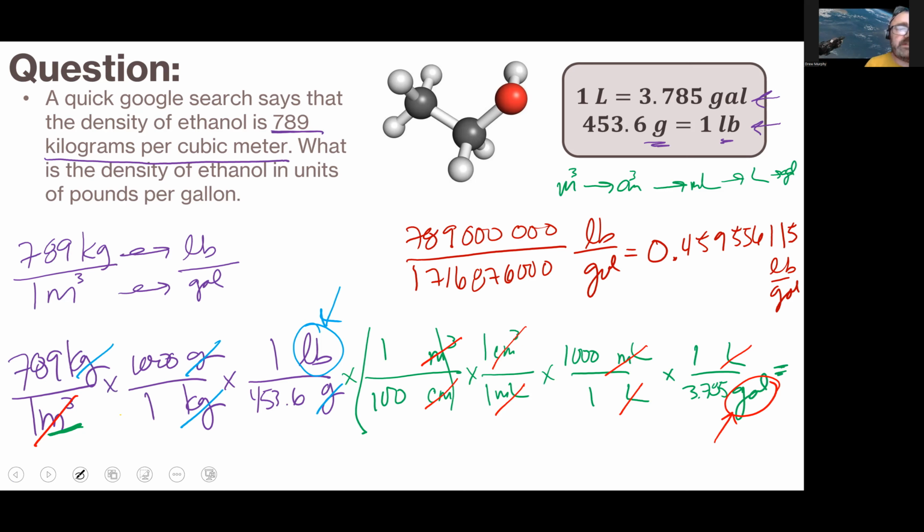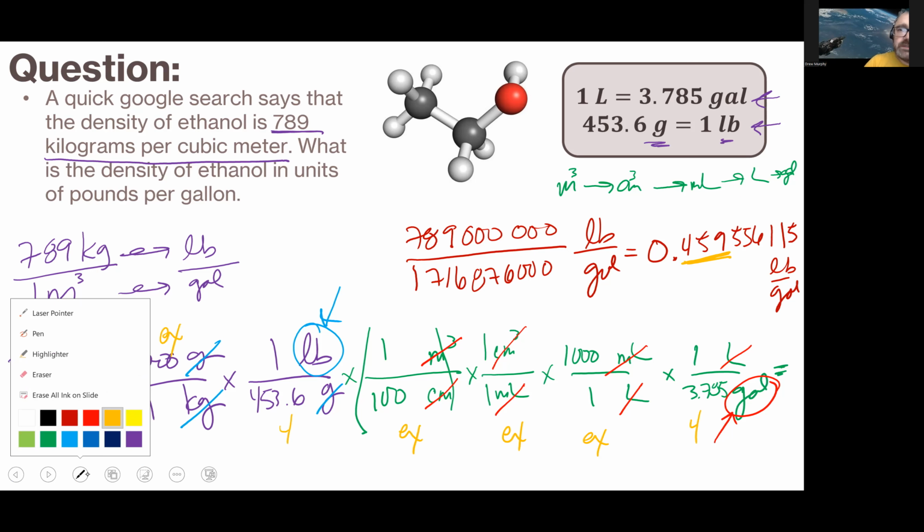So let's say this is 3, this is exact, this is 4, this is exact, that's exact, that's exact, and this is 4. So 4, 4, and 3. So this needs 3 significant figures. There's our 3 significant figures. All right.